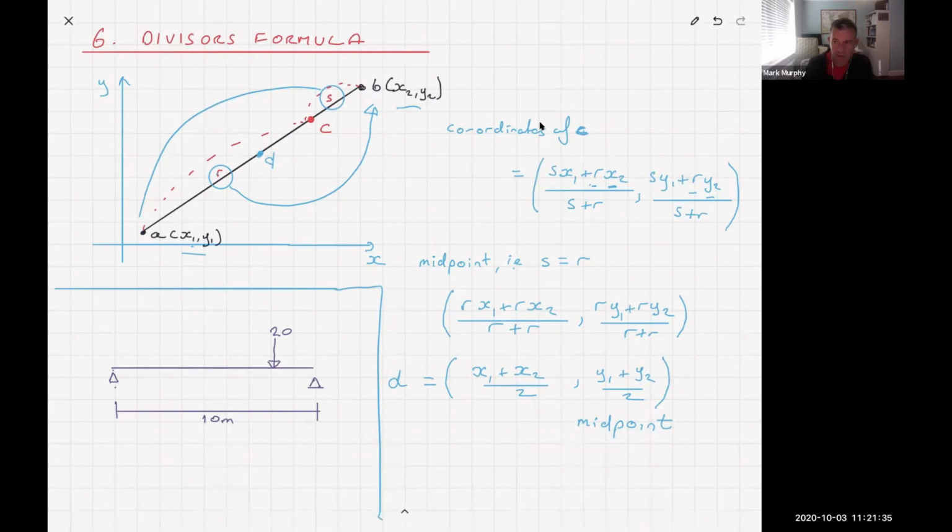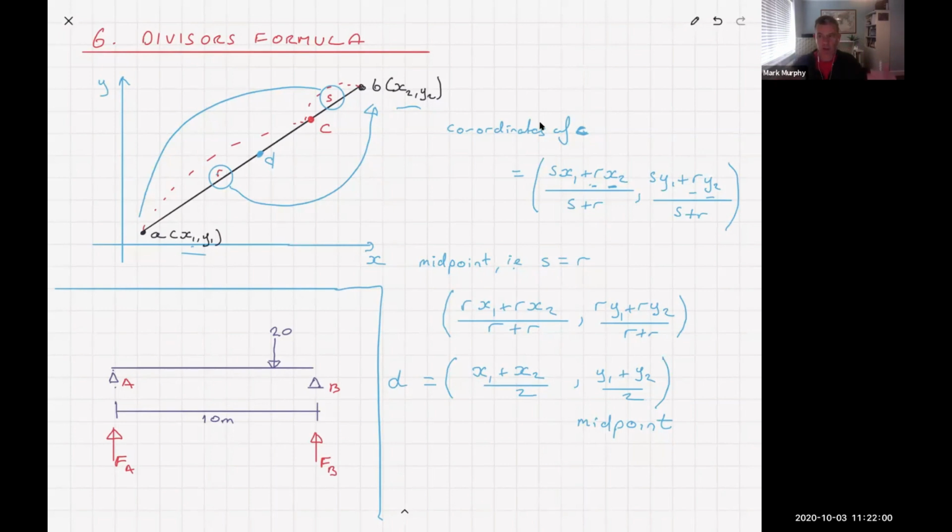I just changed the color. This is just an aid for you to remember in the exam. Now let's say that this car is at 8 meters. We'll call this point A, abutment A, and this is abutment B. What we're going to look at is the force on this abutment and the loading on that abutment, FA and FB.